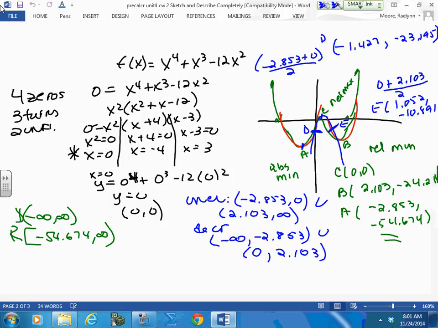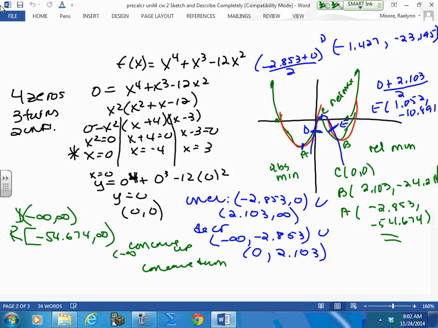Now, your concavity. Last thing we do is concavity. It's the same as your increasing, decreasing, only now you're just following the caves. We're concaving up from negative infinity. There's a concave up and a concave down. We're concaving up from negative infinity till we hit that x value of that inflection point.